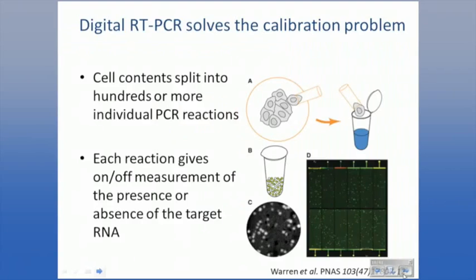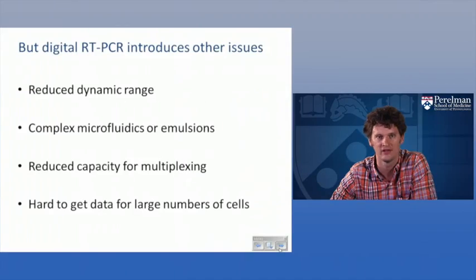So here's a case where you have a little green spot. Here's another one here, right? So those are wells that had an RNA molecule, and if you dilute enough, you pretty much know that each well had 0 or 1, and you can use fairly simple mathematics to figure out the total number of RNAs in the starting population. Okay, so this is actually giving you a real single molecule level count of the RNAs that are in that cell.